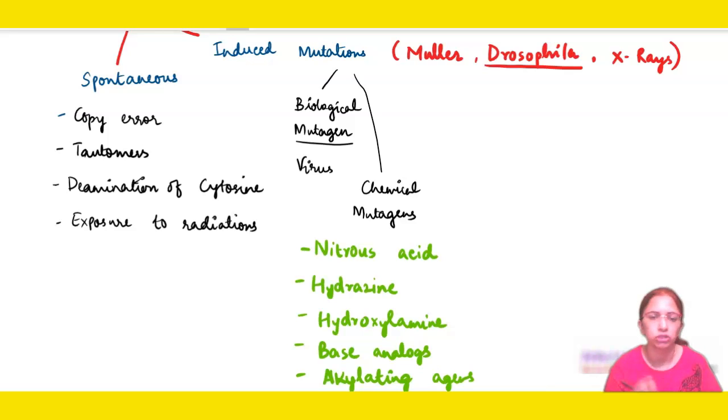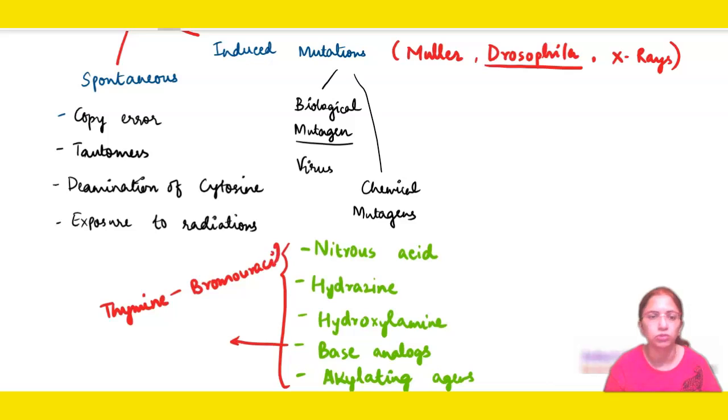So the majority of these chemicals which act as mutagens disrupt the base pairing rule, okay? That means the normal base pairing rule is not going to happen. For example, let's talk about base analogues. Thymine normally binds to adenine, this we know. Sometimes it changes to bromouracil.